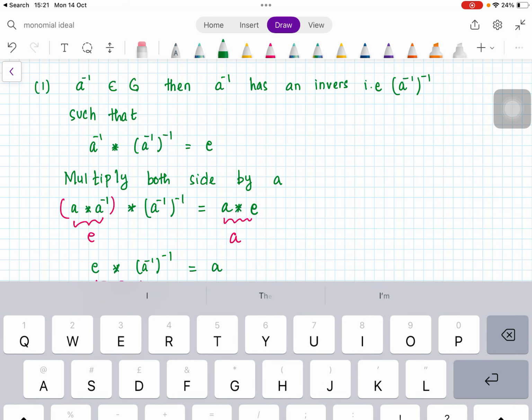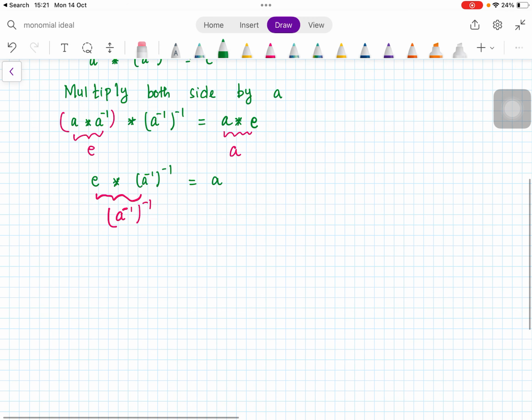That's why the inverse of A inverse is equal to A, and our proof is done.